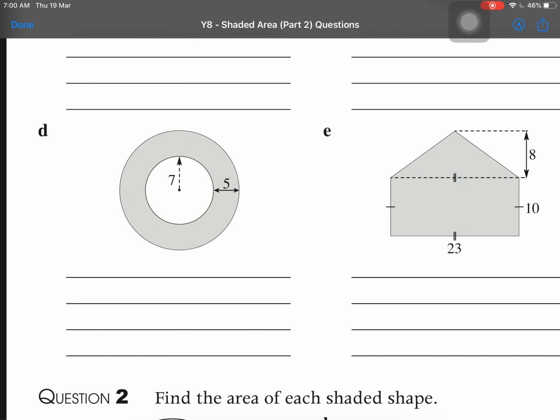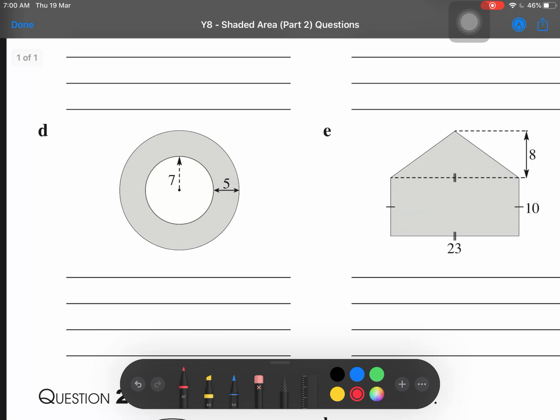Question 1D. I only want you to take note that the idea is still the same. It's the big shape minus the small one. But then because both are circles, you have to be properly identifying what the radius is for both shapes, big and small.